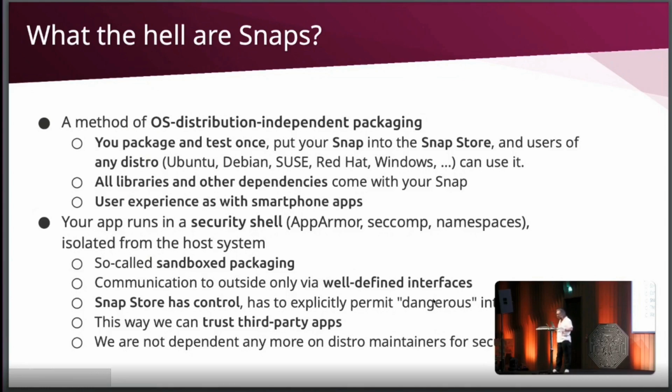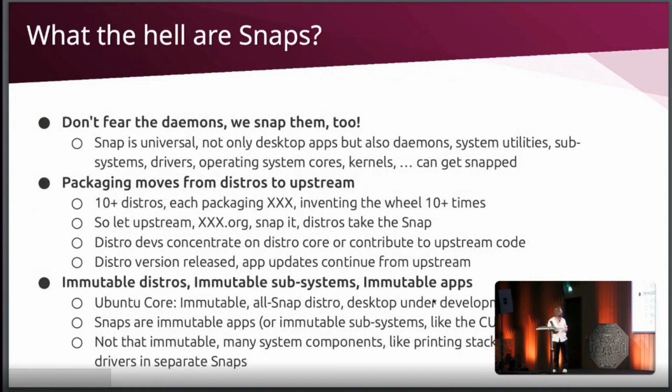We can allow upstream developers or independent snappers to upload something into the Snap Store without needing someone doing a sophisticated security analysis, or without being a person who got trusted by the Ubuntu community and/or Canonical. So we are not dependent anymore on the distribution maintainers for secure packages.